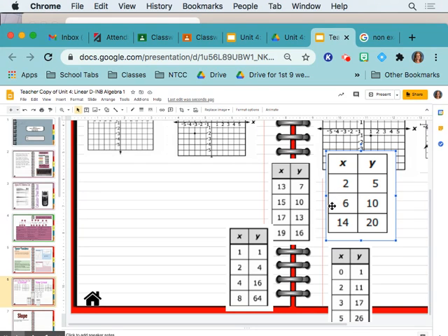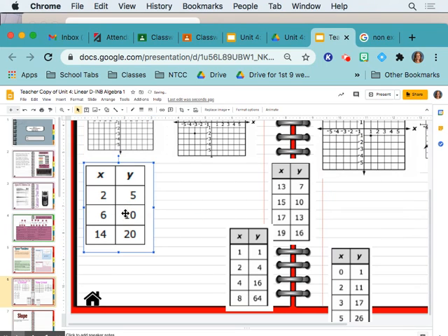How much did our x go up by from 6 to 14? 8. So the y's went up by 5, and then it doubled to go to 10, and then the x went 4, and then it doubled to 8. This is linear because it has the same change of y over change of x. It's going in the same pattern. So that is linear. These are a little tricky to do.